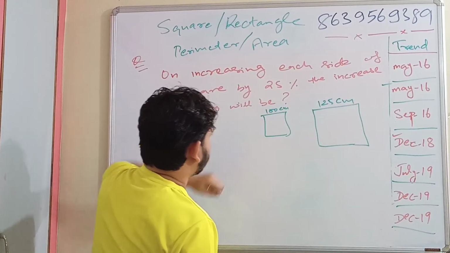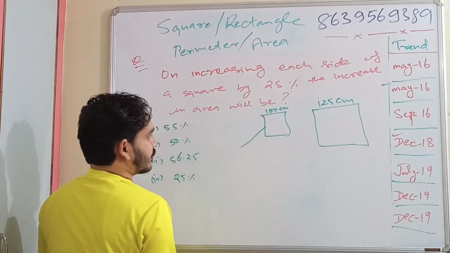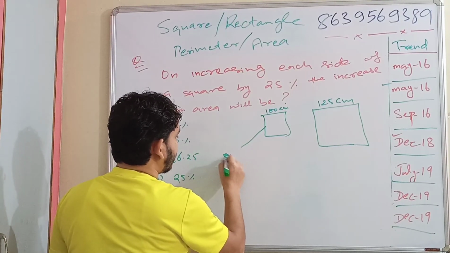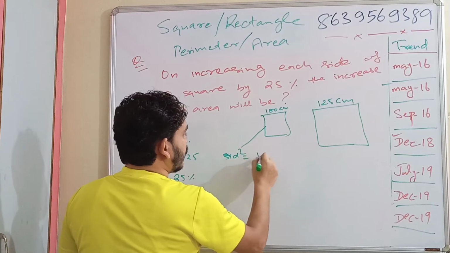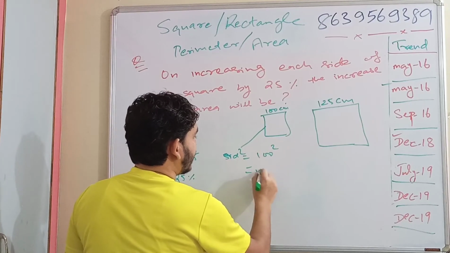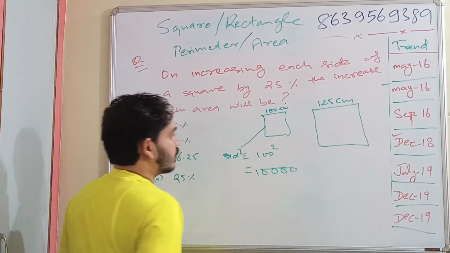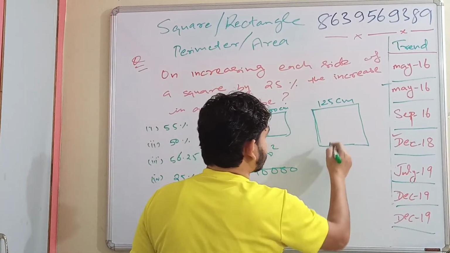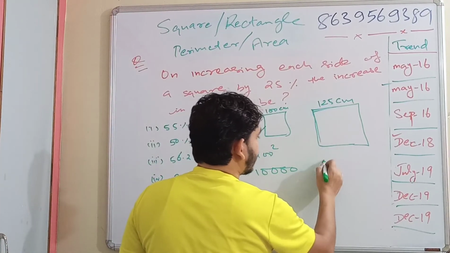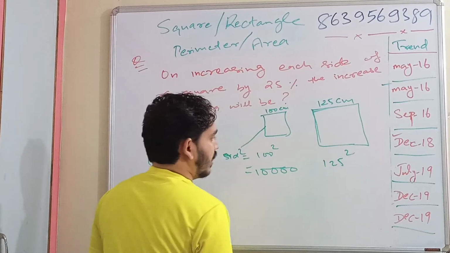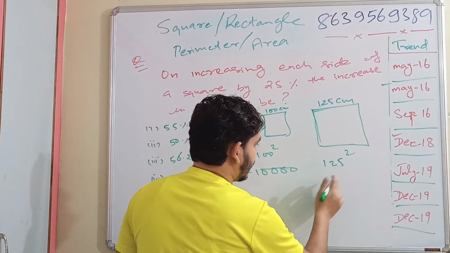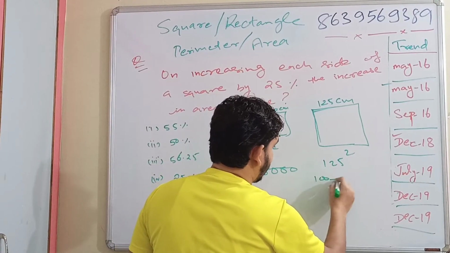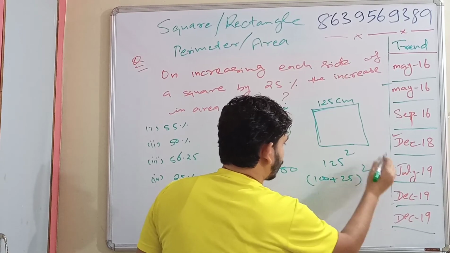Now the area of this square is side square, 100 square, that is 10000. The area of the bigger square is the same, side square, that is 125 square. To find 125 square, I can write this as 100 plus 25 whole square.